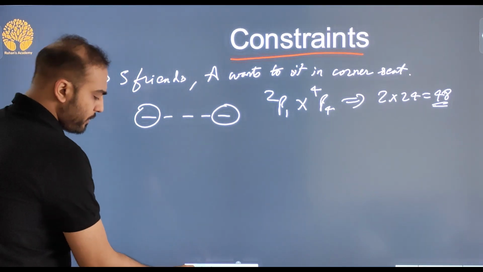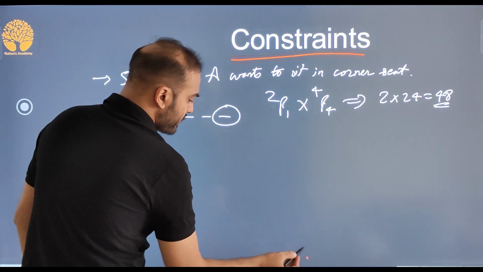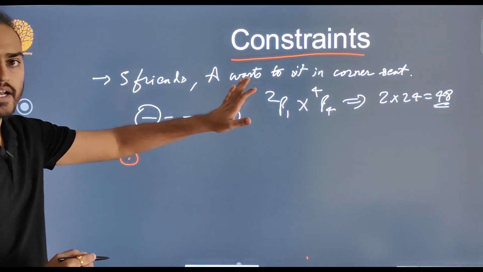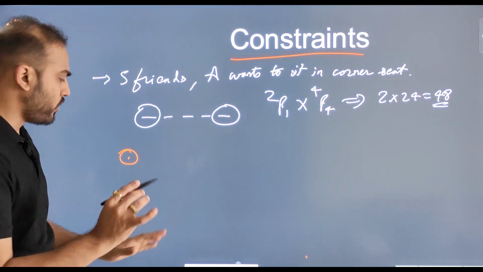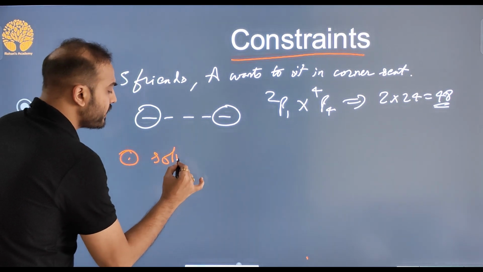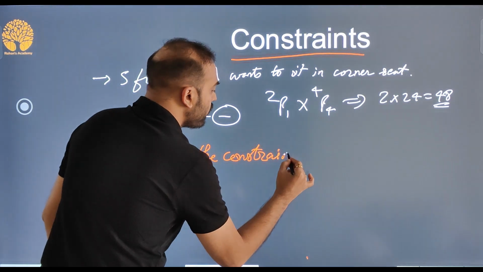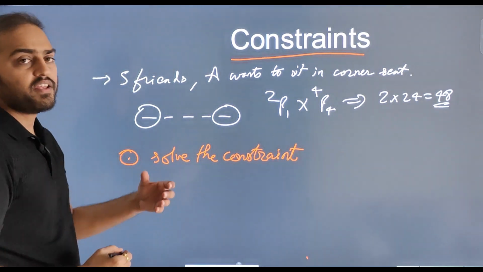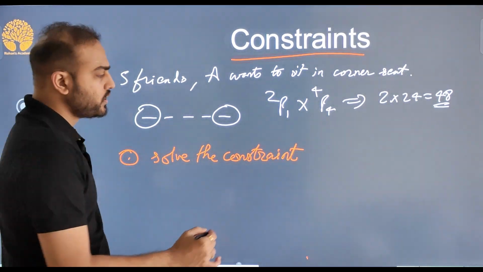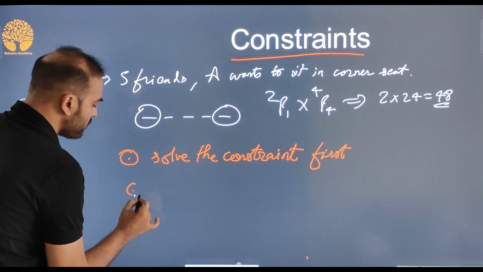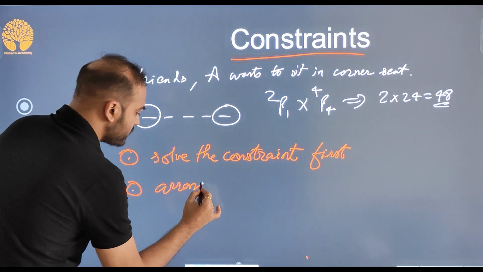Similarly, there can be other constraints. The point I am trying to make here is that if you have a question with a constraint, no problem. Always try to solve the constraint first, and then you can arrange the rest.